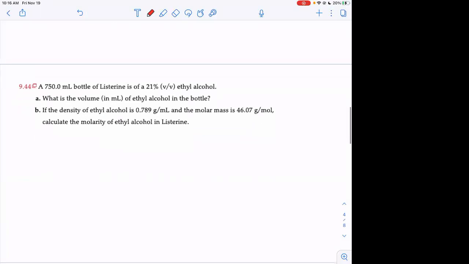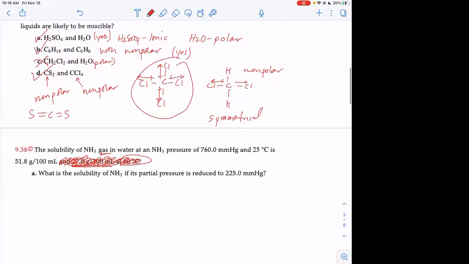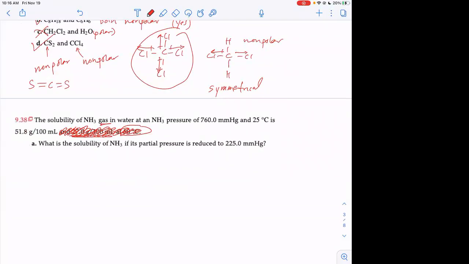Sorry, I accidentally bumped the screen. C1 over P1 equals C2 over P2. So it says, what is the solubility? It gives you a pressure, that's P1, and it gives you a solubility, that's C1. Then it says, what is the solubility? So we're looking for C2, and it gives us P2.